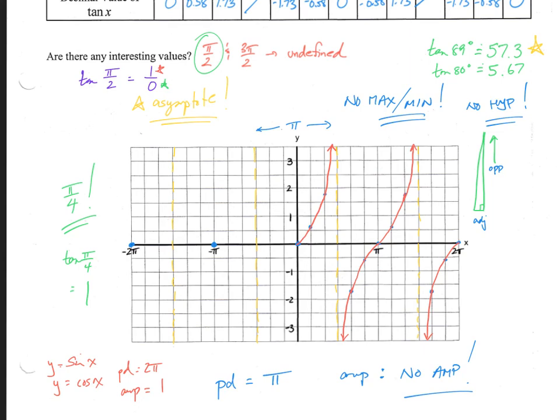Pi by 4 is my diagonal on my square. My opposite side is the same as my adjacent side. And so if I go backwards, my pi by 4 would give me a value of -1. I'd be in the fourth quadrant.